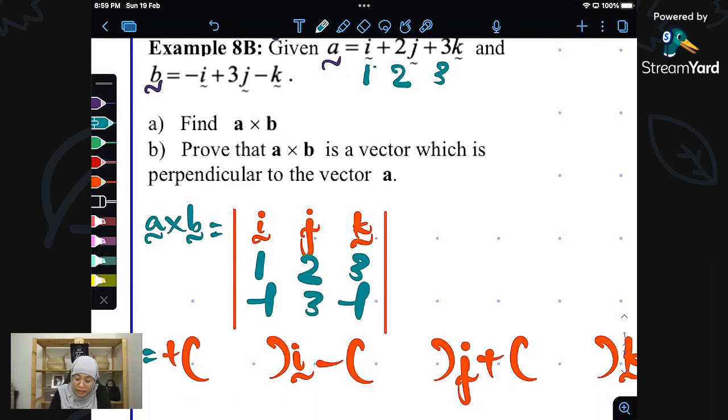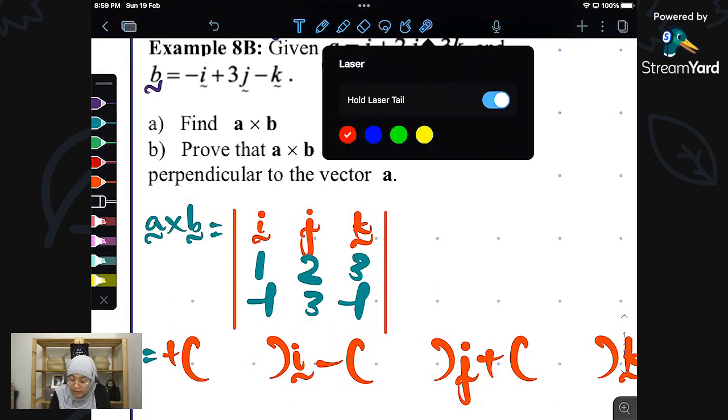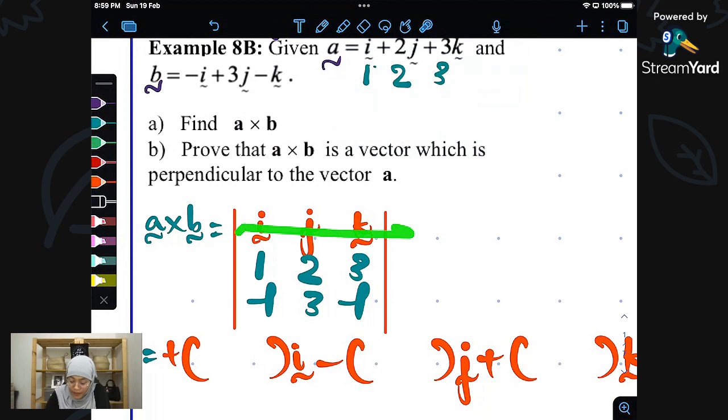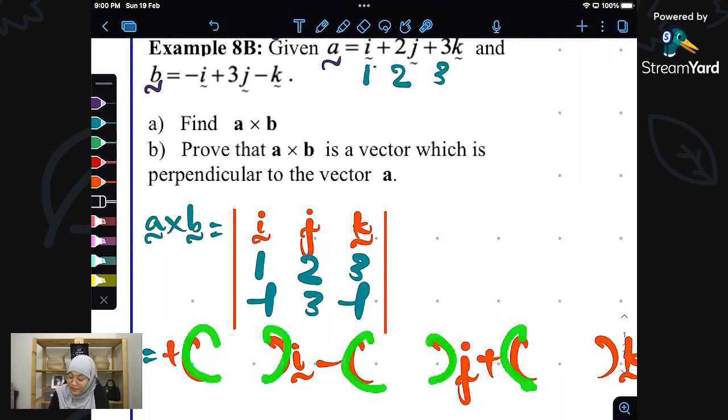Okay, so I'll do this again. Okay, so tutupkan the I. But before you tutup semua ni, make sure you write down positive I, negative J, and then positive K. Alright, please leave some spaces here in between them.